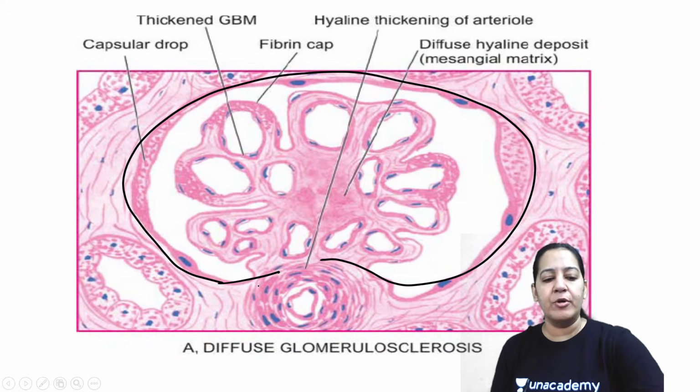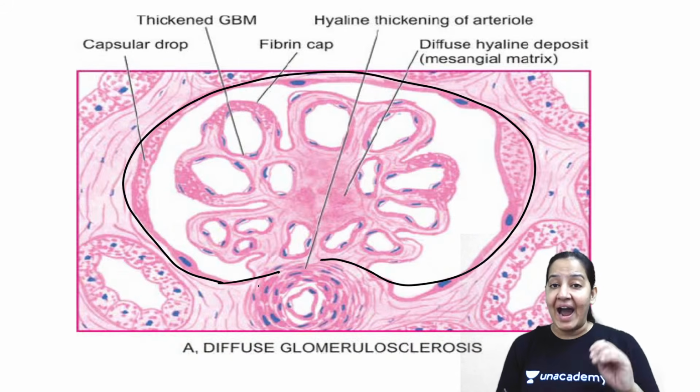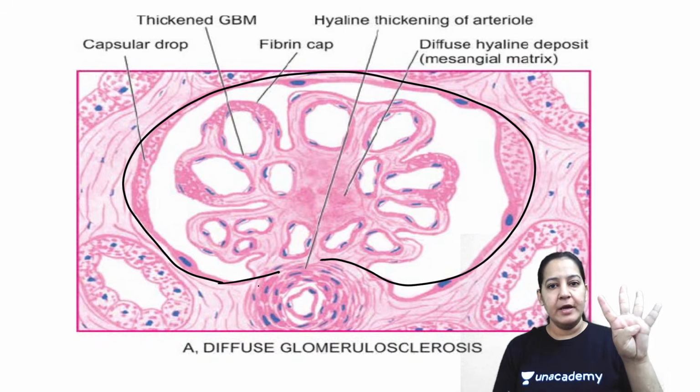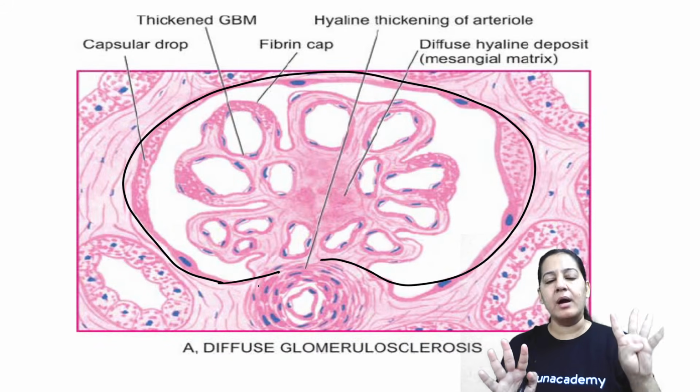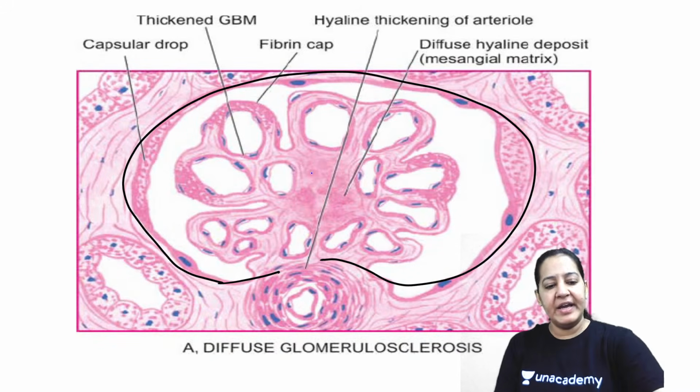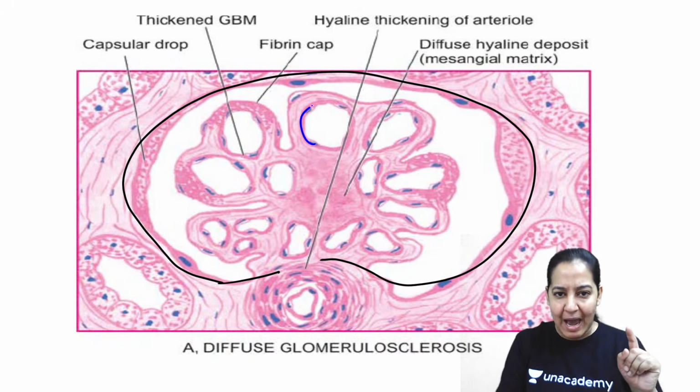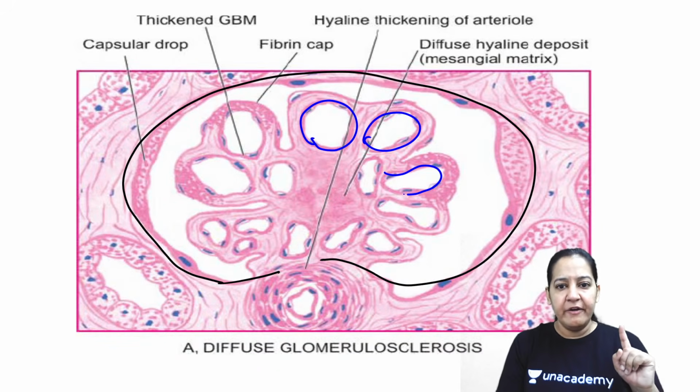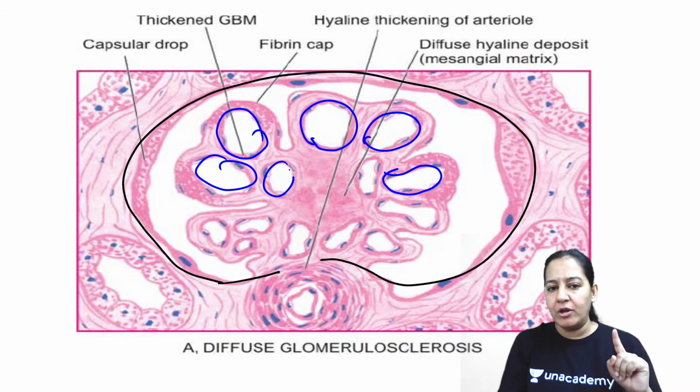Now, inside this glomerulus, please everyone appreciate that hyaline is deposited at 4 places. You can understand the normal diagram now. Number 1, it gets deposited in the capillary basement membrane. Can you see all the capillaries have a thickened basement membrane? If you zoom and see the basement membrane lining, it is thickened. So the basement membrane of all the capillaries is thickened because of deposition of hyaline.